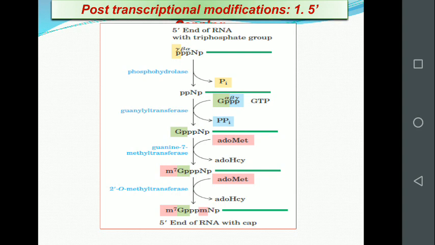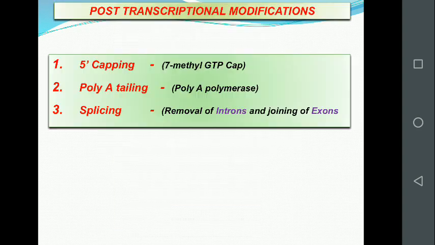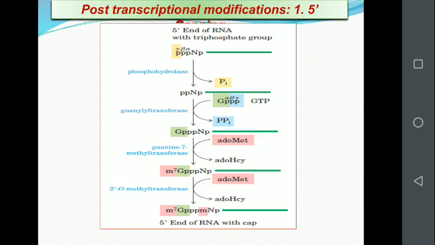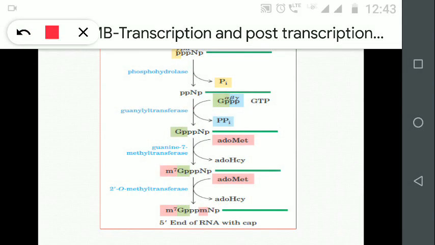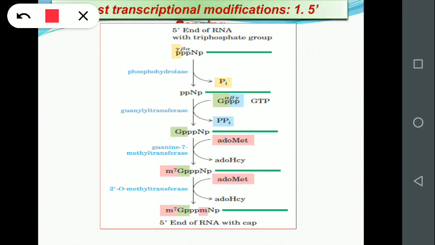5' capping. 5' capping means at the 5' end of the RNA we will have the 7-methyl GTP cap. Suppose this is the RNA, the primary transcript. In the primary transcript, the first nucleotide will always have a triphosphate, a nucleoside triphosphate.